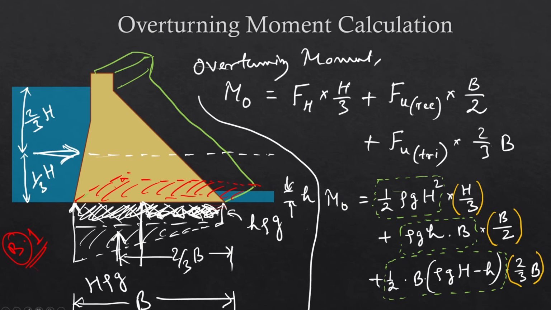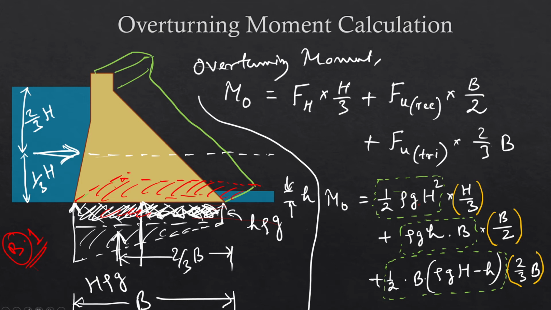And therefore in the uplift pressure calculation for this, suppose, rectangular portion, we took the pressure, which is rho g into small h, and multiplied that with the bottom area of the dam, which is B into 1 or simply B. Similarly, in case of this one and this one. So this is how we'll calculate the overturning moment.